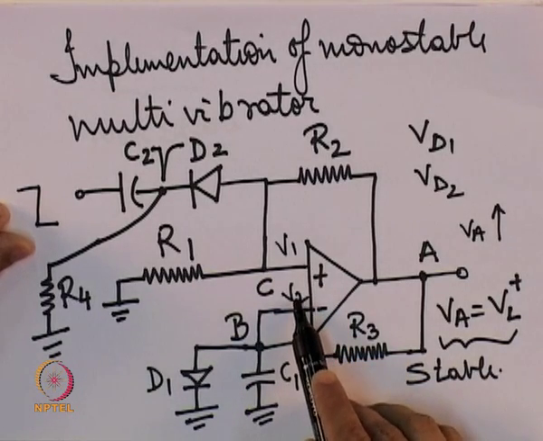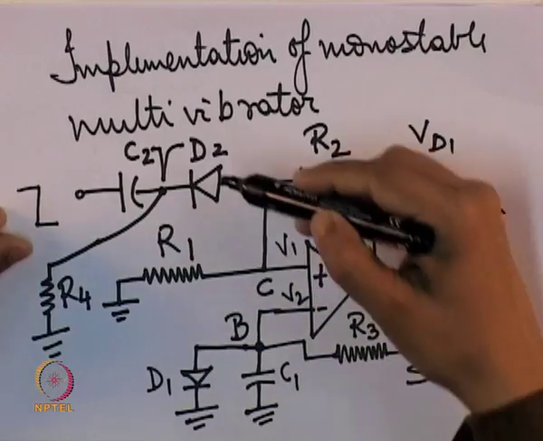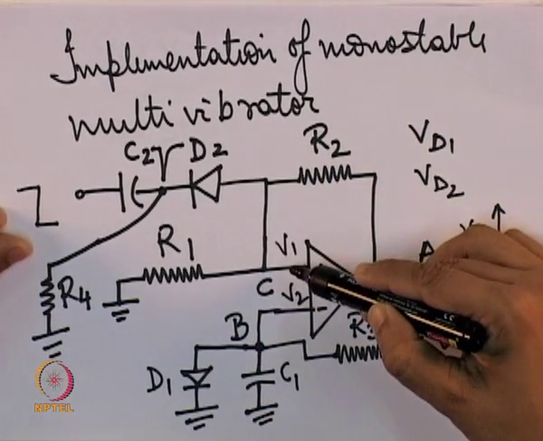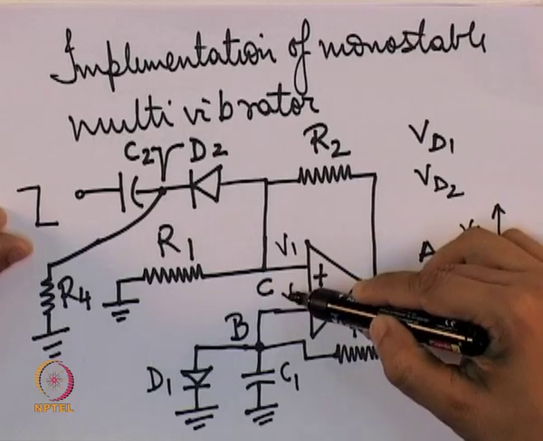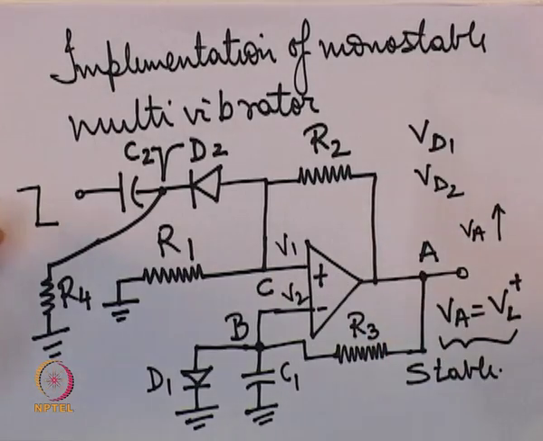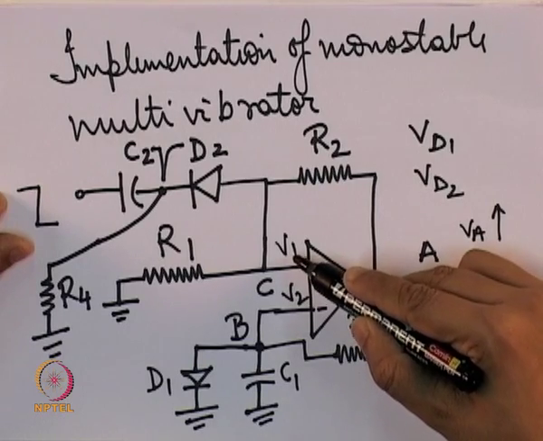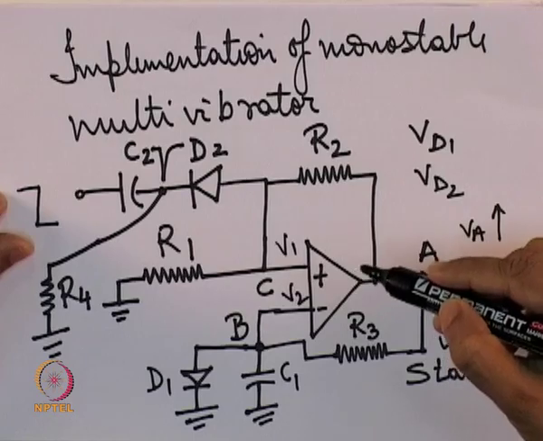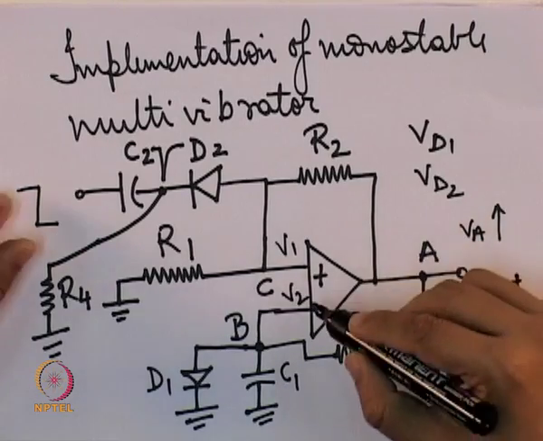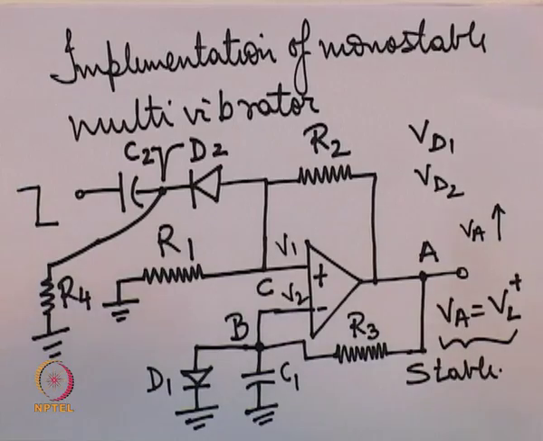Now that the spike has arrived at terminal C, the voltage V1 momentarily goes to a very low value, as a result of which V1 minus V2 becomes negative.